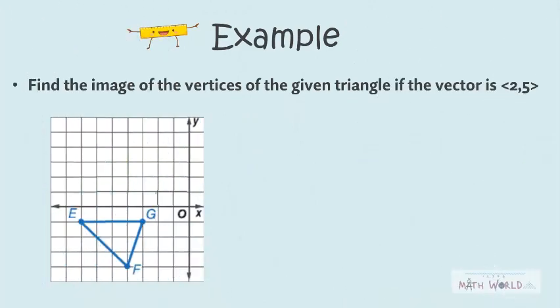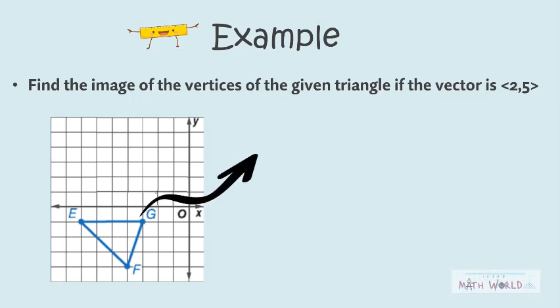Look at this example. Find the image of the vertices of the given triangle by the vector (2, 5). So first of all, we need to determine the vertices of this triangle on the coordinate plane. And the triangle is EGF. Let's start from G. What are the coordinates of G?